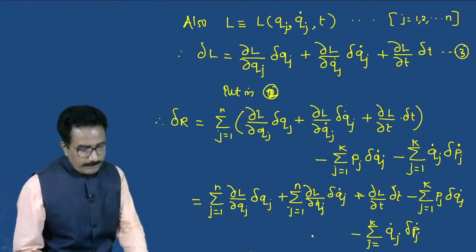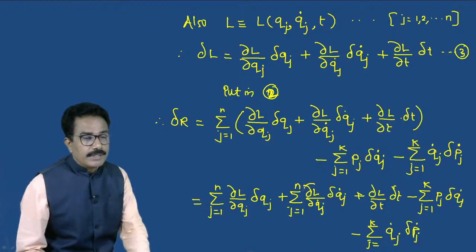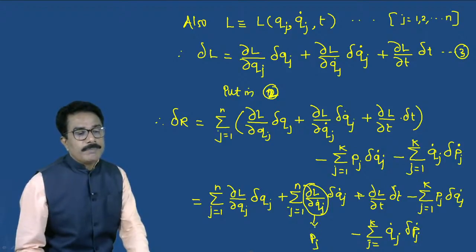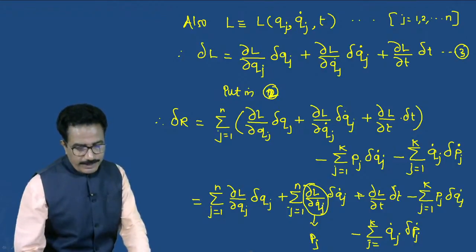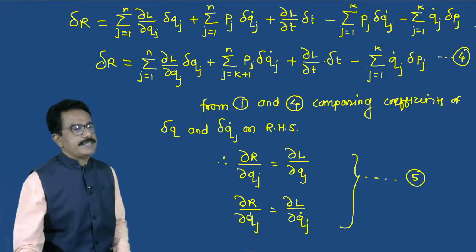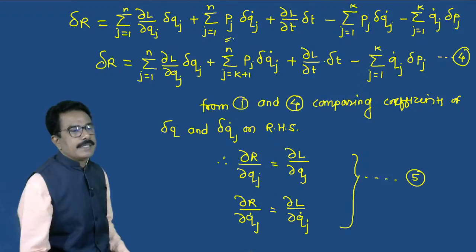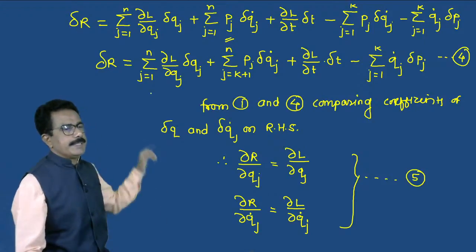See this, we have replaced it according to the Hamiltonian canonical form. Dou L by dou qj dot means pj. We replace this with pj. So we get pj into delta qj dot. Dou L by dou t stays as it is. All terms remain as they are. Only here we replaced this pj.